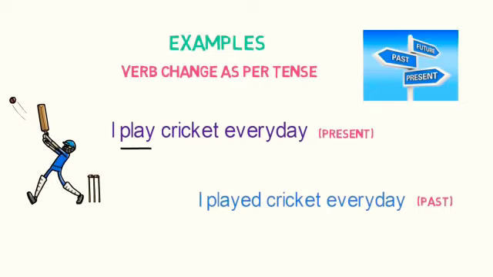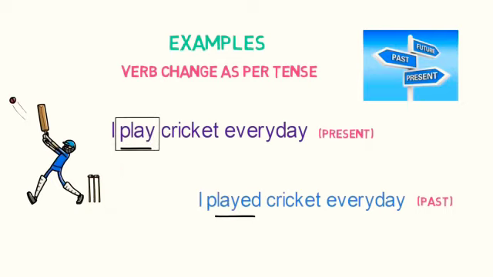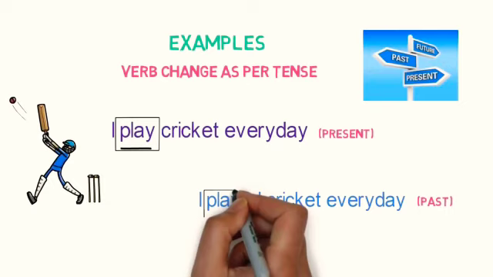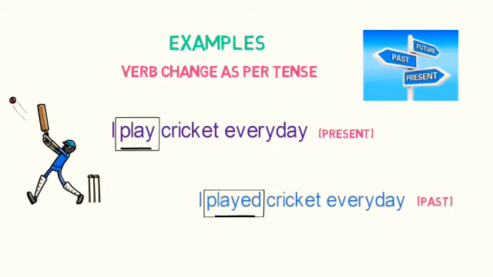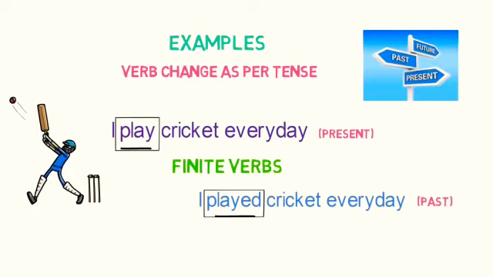It is in past tense. Here, the verb is played. You can see that the verb play changed as per the tense to played. So, both words play and played are finite verbs. Now you are clear how a finite verb changes as per the tense.